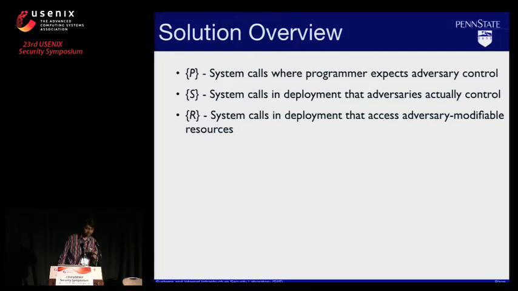So we propose 2 invariants that, if correctly calculated and enforced, will stop these attacks. The first one simply says that S should be a subset of P, which means if there is adversarial interference in your deployment, it should be at a resource access that the programmer expected to be under adversarial control.